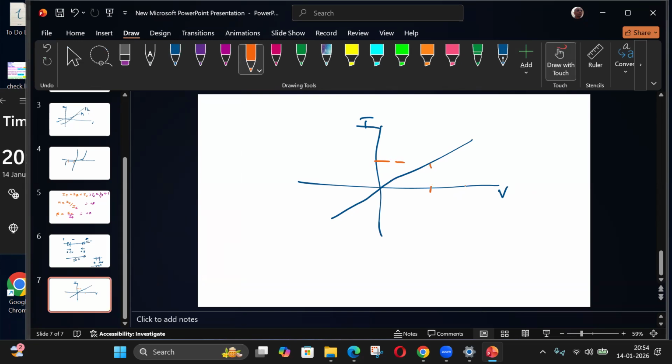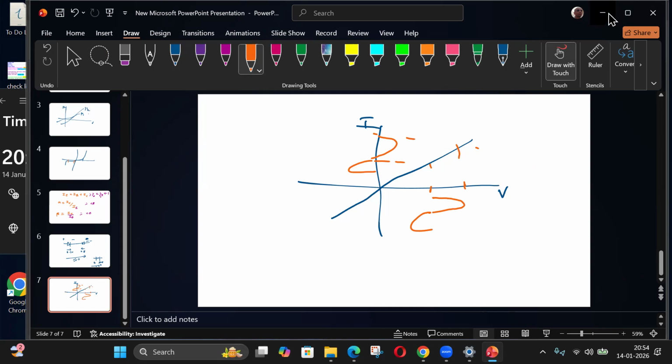If I apply voltage of this value, I'll get the corresponding current. Okay, but suppose I apply a time varying voltage where the voltage varies from here to here like this, then the corresponding current will also vary like this. Like for a resistance, if I apply AC voltage, the current will also be AC. So in general, you can understand like this: whatever waveform I apply at the input, I get the corresponding waveform at the output.